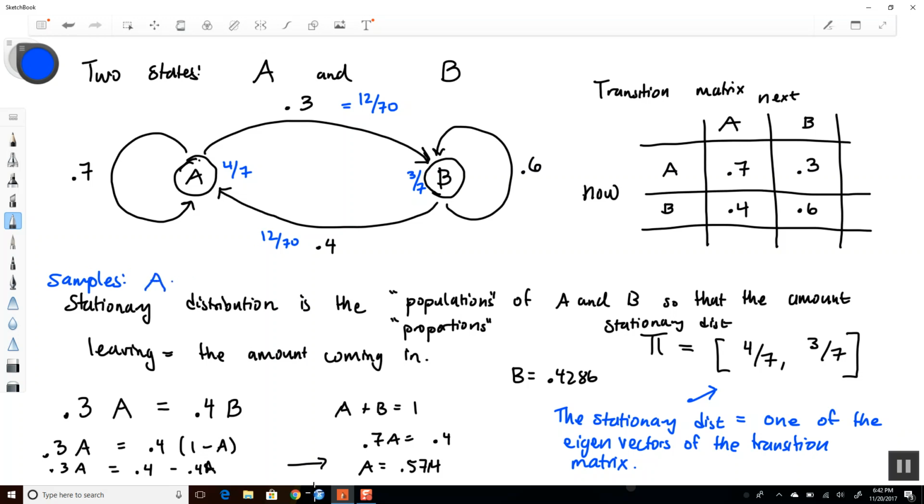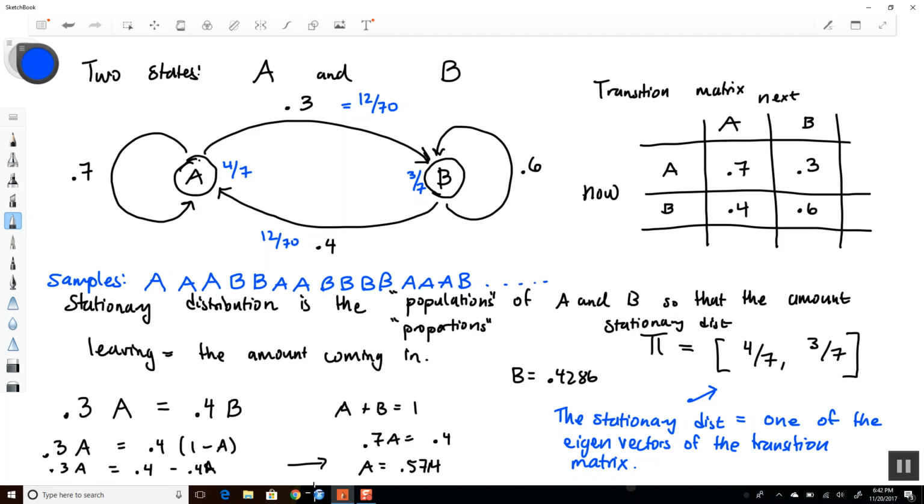We might start at A, and then we flip a coin, or draw a random number, and we end up at A again, and maybe we end up at A again, and then at some point we transition to B, and maybe we stay at B, maybe we switch back to A, and who knows what would happen. You can end up staying in one of these states, and so on and so forth.